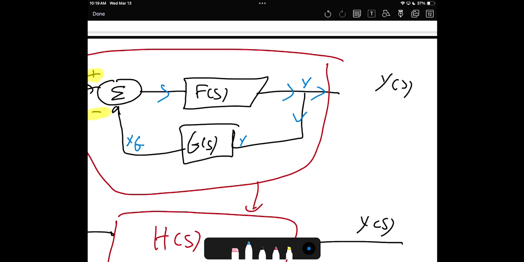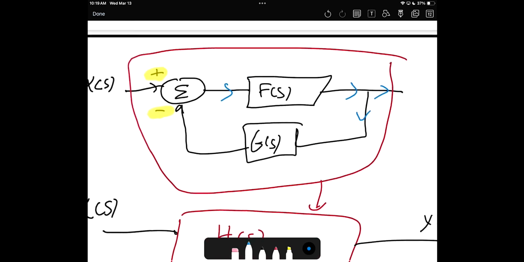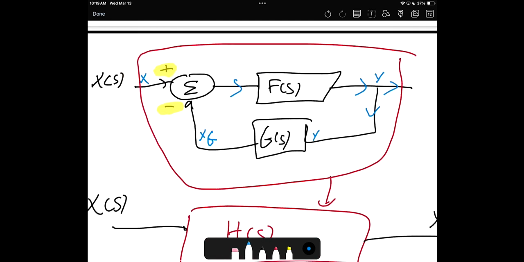Y of s times g of s. This is x of s. Then here, what do we have? After this sum, it will be x minus yg, right? So what will happen to y? It will be x minus yg times f.